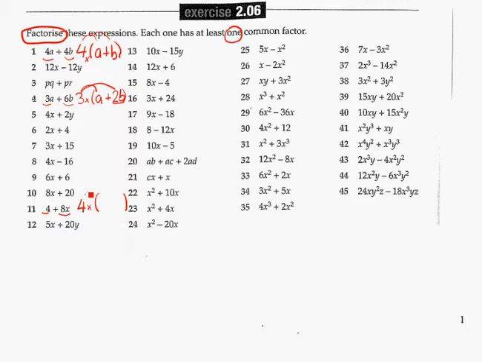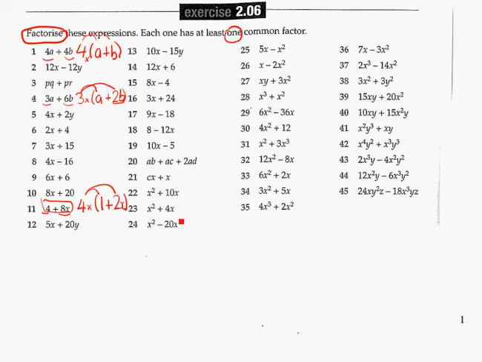We could write this as 4 times, well obviously it has to be 1 because 4 times 1 is 4, plus 4 times 2x would ensure I get the 8x term. And I've factorised this product here. I've written it as 4 times (1 plus 2x). So one factor is 4. The other factor is inside the bracket. 1 plus 2x is the whole other factor.